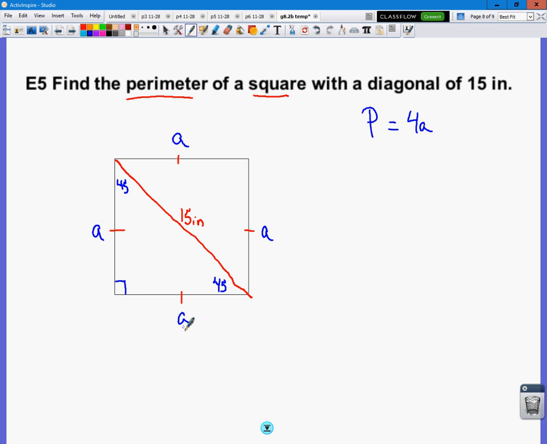So if this is A and this is A, across from 90 is equal to A square roots of 2. There's my algebraic equation. A square roots of 2 is equal to 15. I divide by the square root of 2.